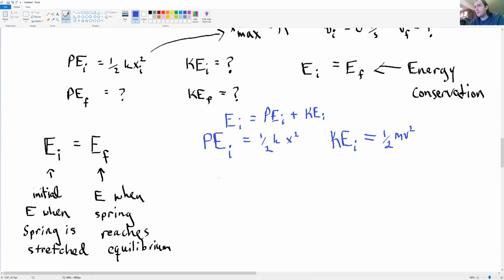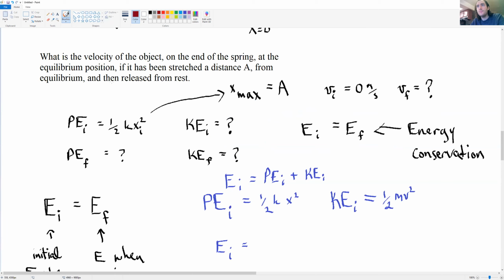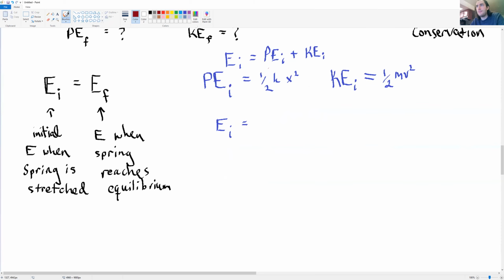So the initial energy then is going to be the sum of these two. But if the spring is stretched and released from rest, which is what's stated in the problem, so the spring has been released from rest, but it began stretched a distance a, well then that means that our potential energy here is 1/2 k a squared.